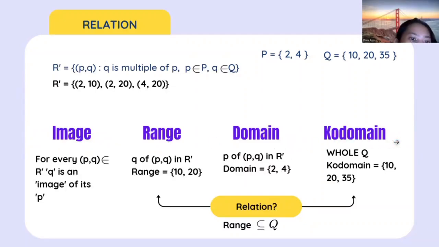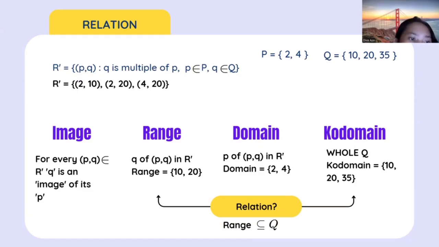We know that set R dash has three ordered pairs: (2, 10), (2, 20), (4, 20). Here we can say that 10 is an image of 2, and 20 is an image of 2, and 20 is an image of 4. We can say that every q is an image of its p.